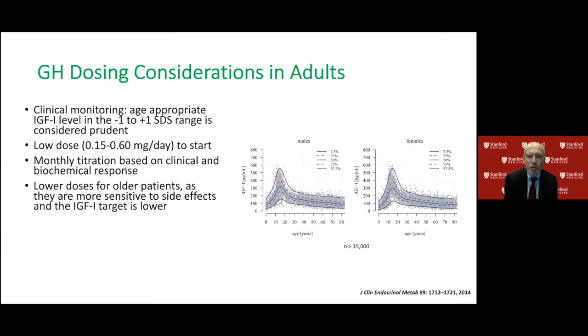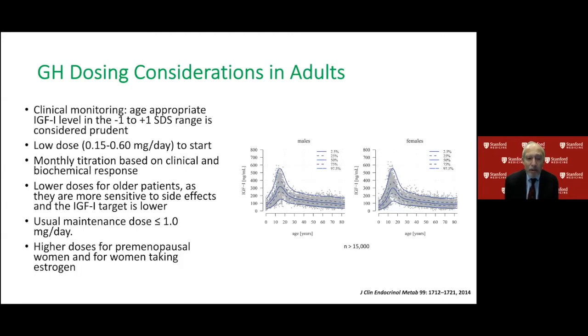In general, we use lower doses for older patients as they're more sensitive to the side effects, and the IGF-1 target level is also lower. In the past, when we started the older patients on high doses, patients complained of pedal edema and carpal tunnel syndrome. The usual maintenance dose for most patients is going to be less than 1 milligram per day.